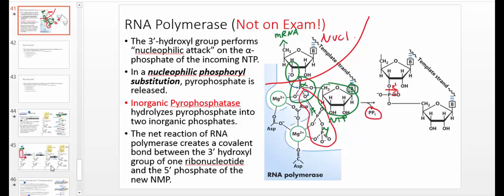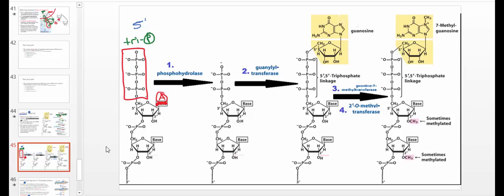But if you go to the structure that we're talking about for the 5' end, there wasn't. This is the first nucleotide that was added. So there wasn't anything before it to do a nucleophilic phosphoryl substitution on this phosphate right there.